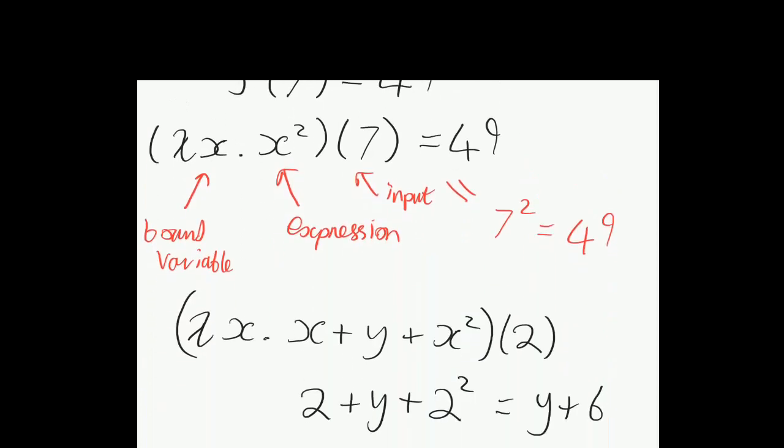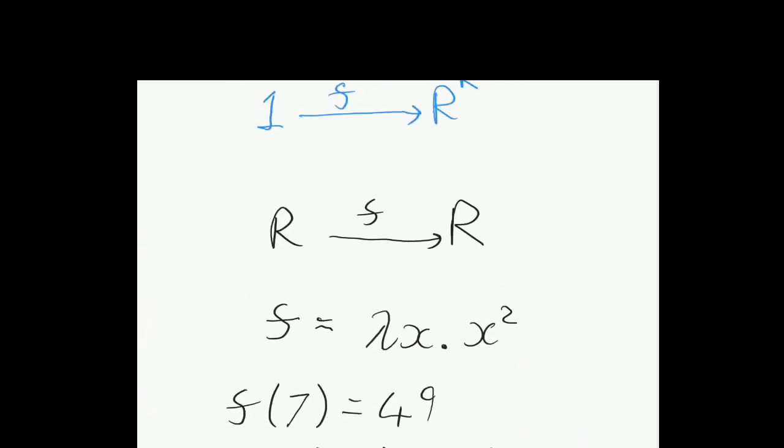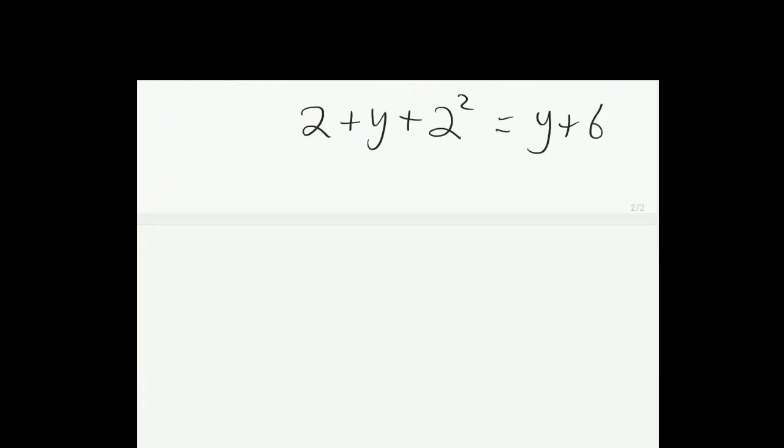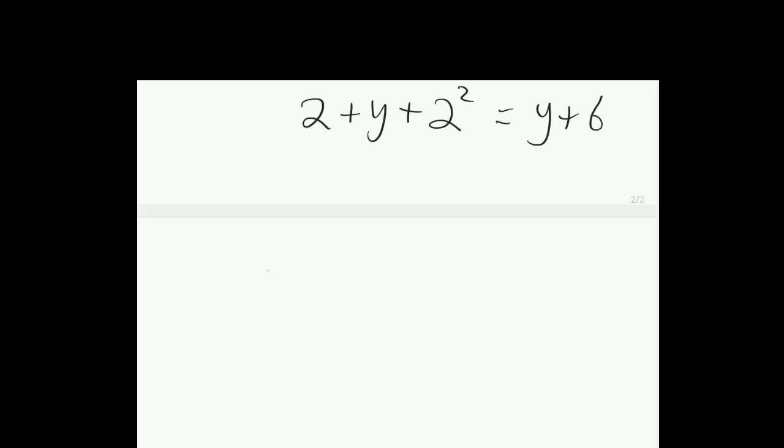So now we know this lambda notation, we're ready to talk about exponential objects in a more general way. So firstly, let's carry on with this idea of this x squared function. So here's our function f. It's a function from R to R, and I tell you that f of x equals x squared.